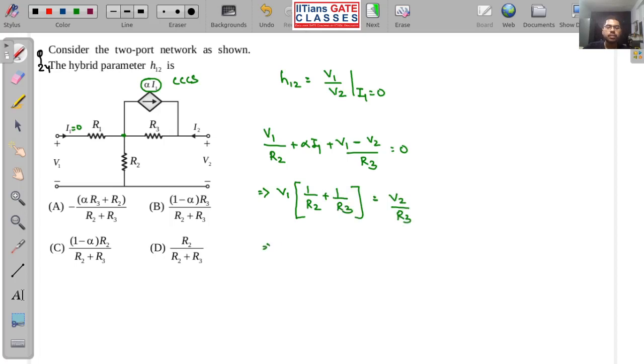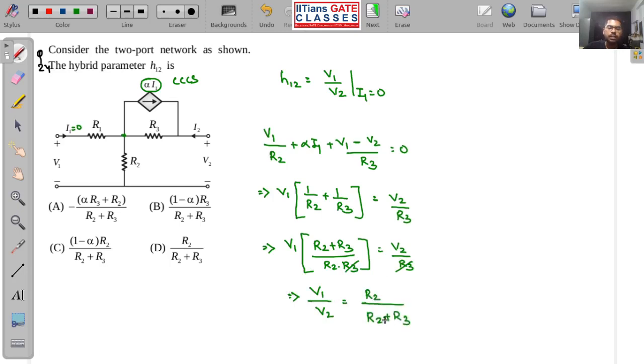So V1 times (R2 plus R3) divided by R2 into R3 is equal to V2 by R3. R3 gets cancelled. We need to find V1 by V2. So V1 by V2 is R2 divided by R2 plus R3. So what option you are seeing? Directly option D is your correct answer.